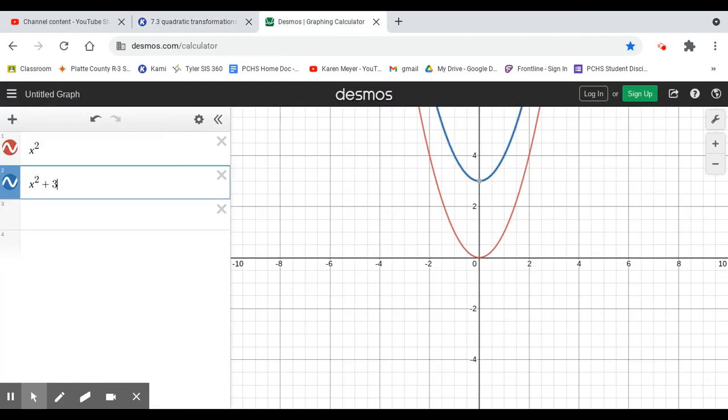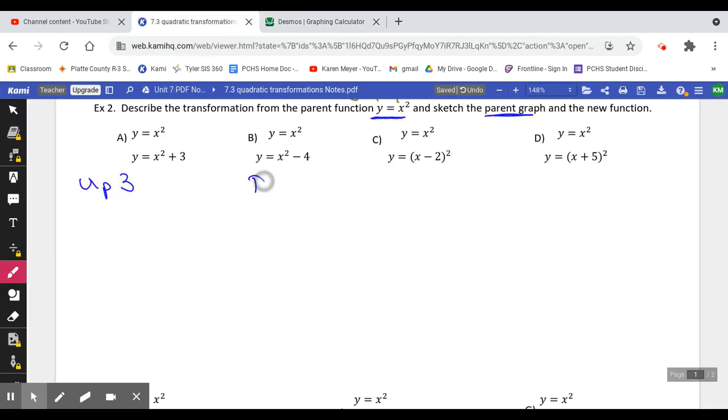So now what do you think is going to happen if I come to the second one and I change it from plus 3 to -4? And then hopefully everybody says, oh, look, to get from red to blue, I'm going down 4. So a little synopsis here.